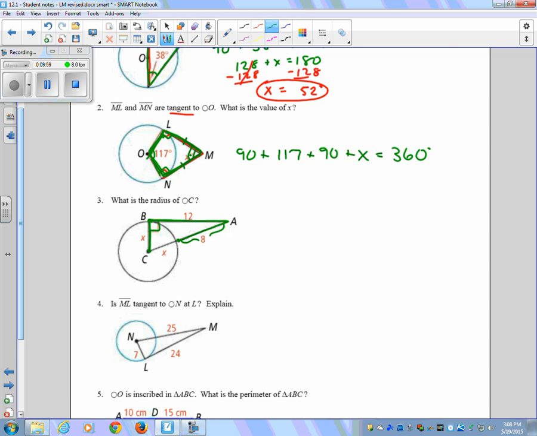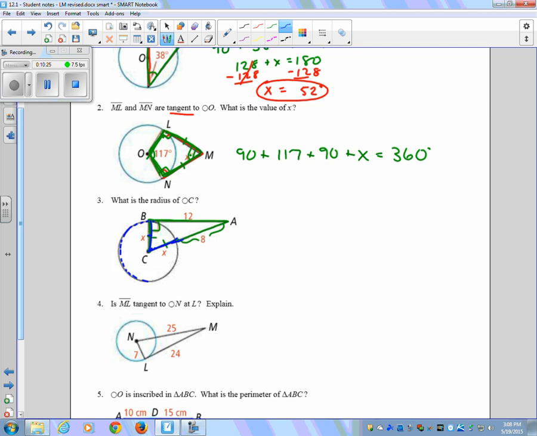And then from here to here is x again. It has to be x, because remember, all radii in a given circle are congruent. All of these points on the circle are the same distance from the center. So if this radius is x, this has to be x.